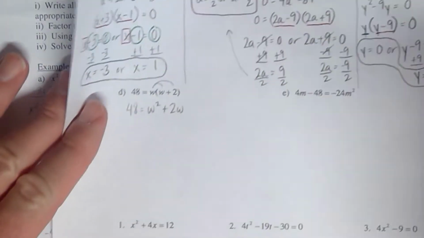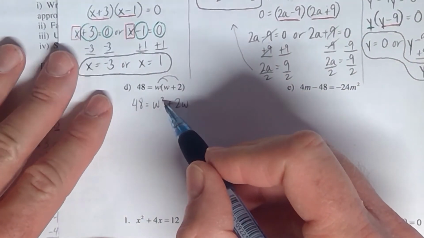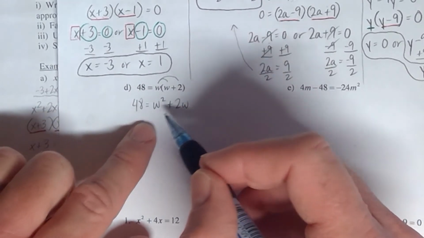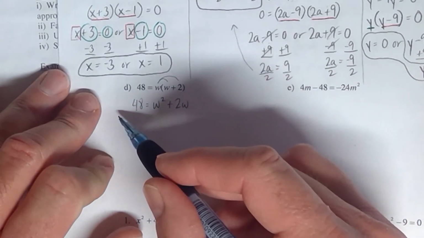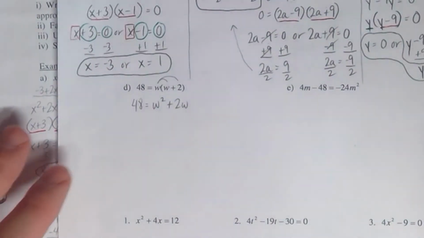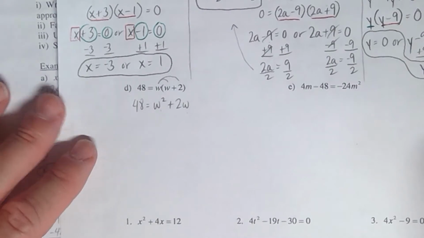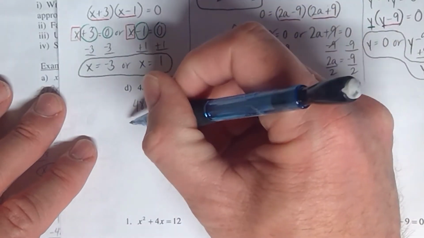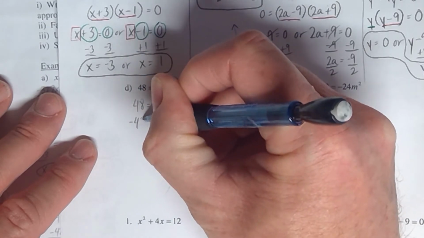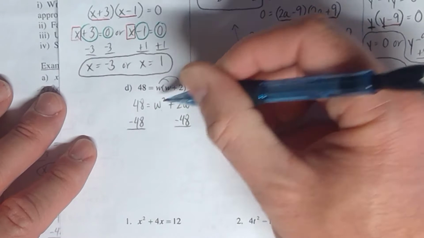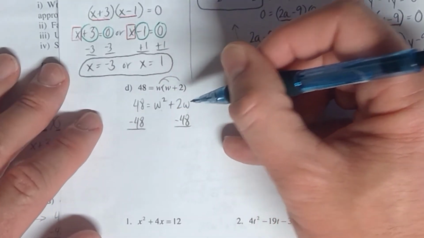Because the w squared already is positive, we want to keep it right where it's at. If I subtract the w squared over here, it's going to make a negative, and then we can't factor it using the methods we learned back in chapter 7. So the only thing to do is to move over the 48, because you don't want to move these two terms; it would make the w squared term negative.